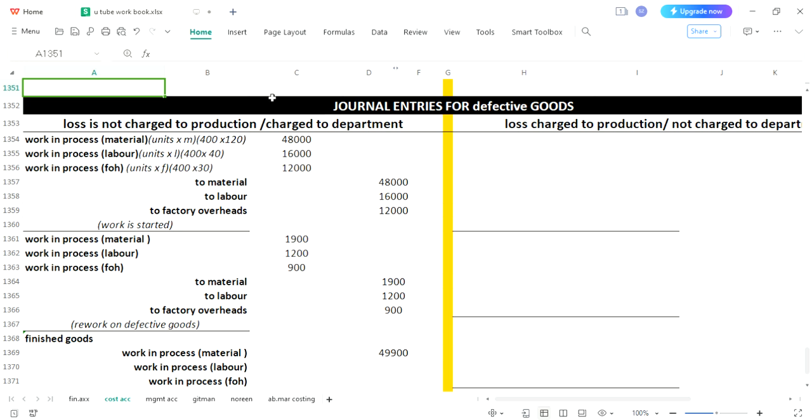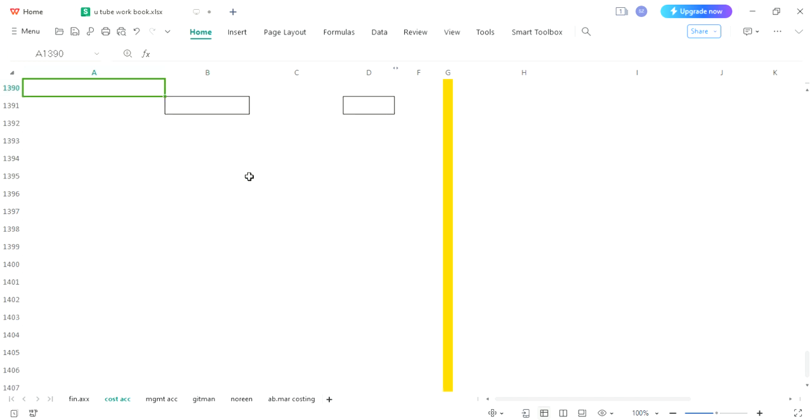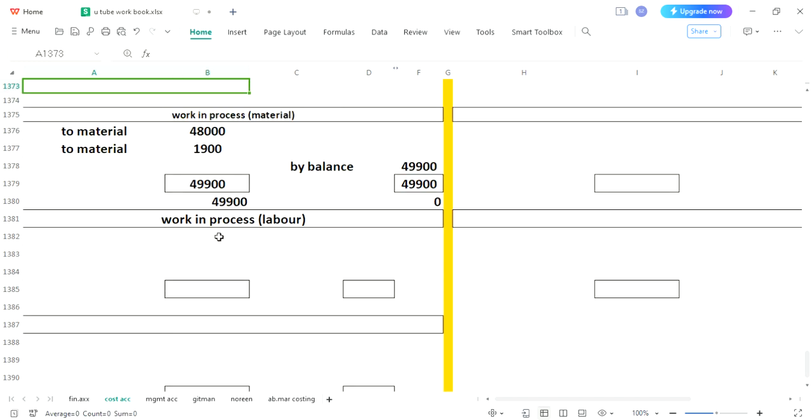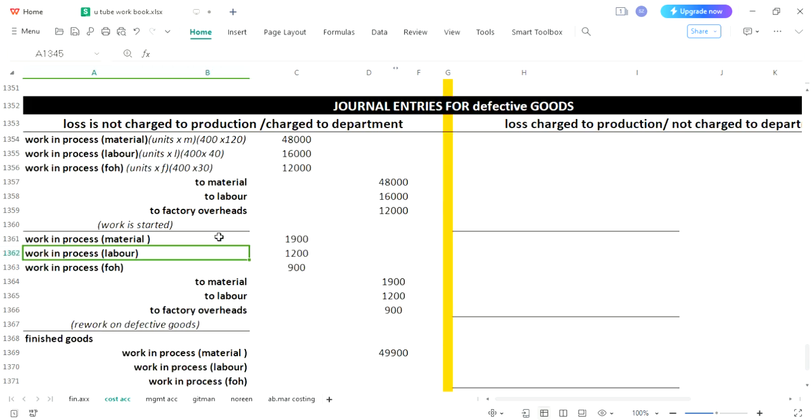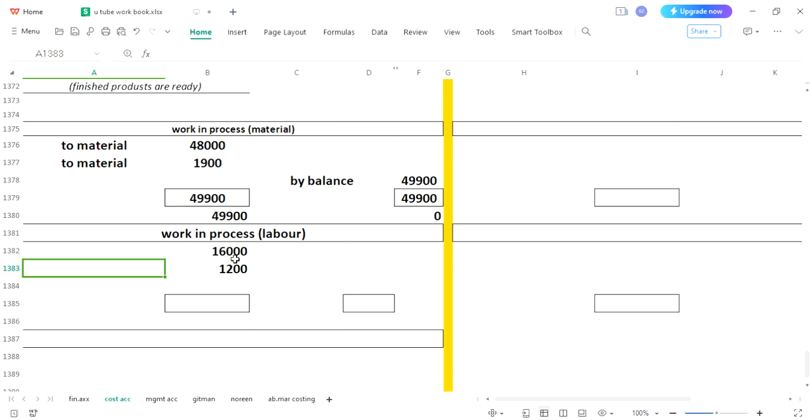So 16,000 was present on the debit side, you are putting it on the debit side, and the second, 1200, was on the debit side, so you have posted it on the debit side. Labor we were discussing, 16,000 and 1200.